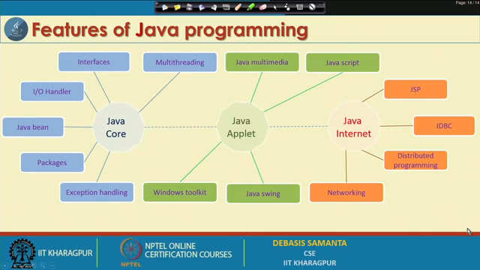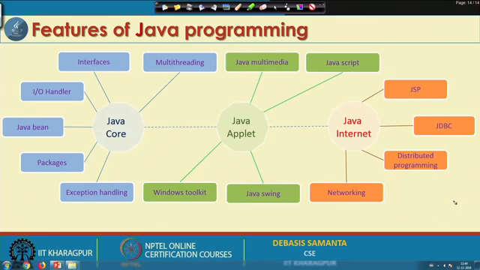Whatever tasks Java programming can support for a programmer can be divided into three broad categories. The first category is called Java core programming. Using this Java core programming, we can develop many software, very large software, maybe system software or maybe application software.